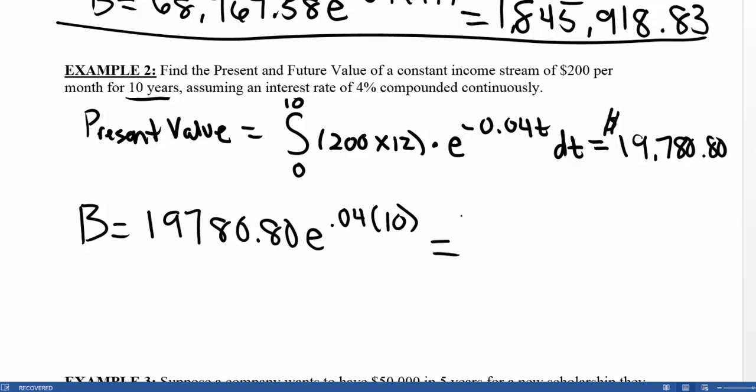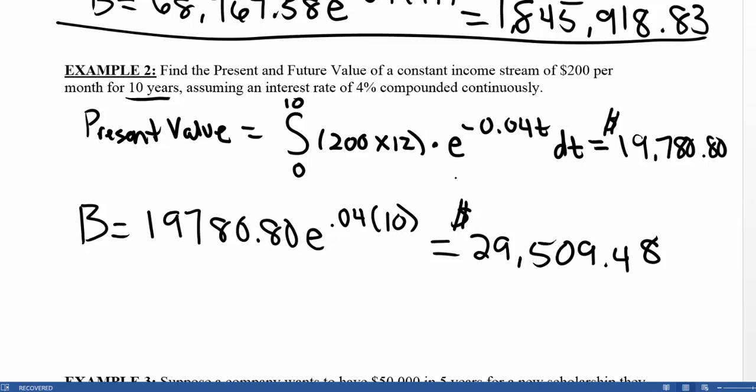And when I crunch that number, I get $29,509.48. So $200 a month for 10 years. At the end of 10 years, I'll have $29,509.48. That's not bad.